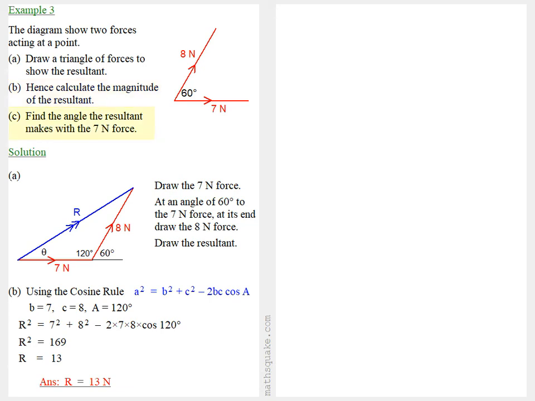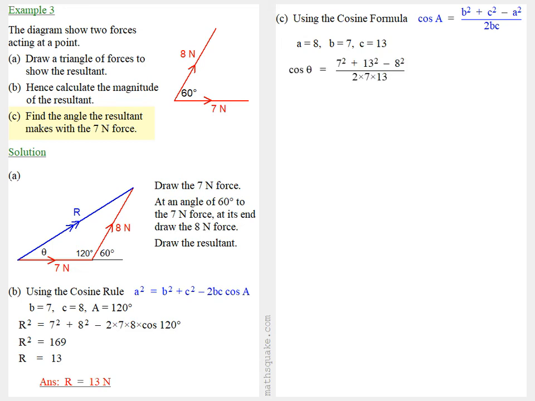Now in part C, we're asked to find the angle the resultant makes with the 7 newton force. In our diagram, we want to work out the angle theta. And we can use the cosine formula, cosine A equals b squared plus c squared minus a squared, all over 2bc. Now we have the side a is 8, the side b is 7, and the side c is 13.